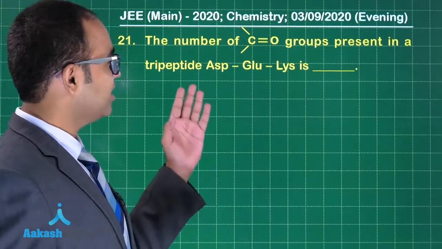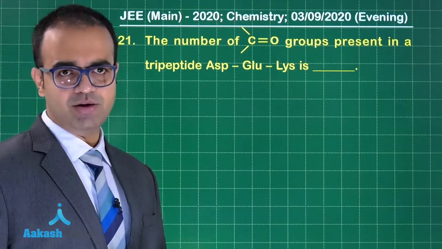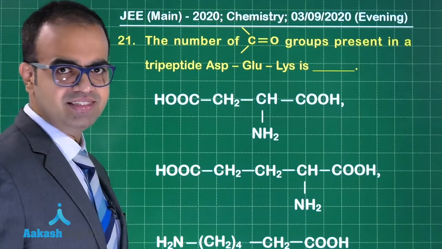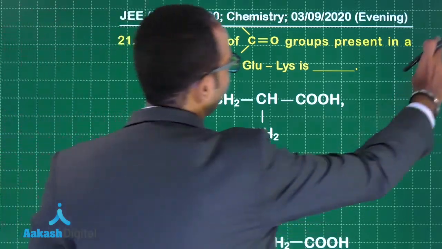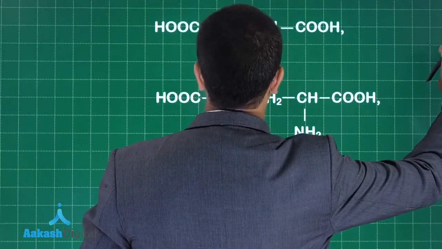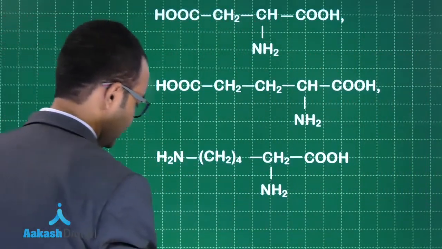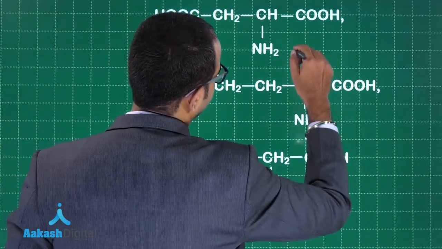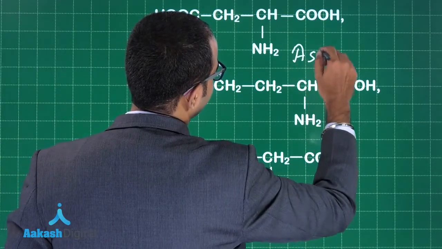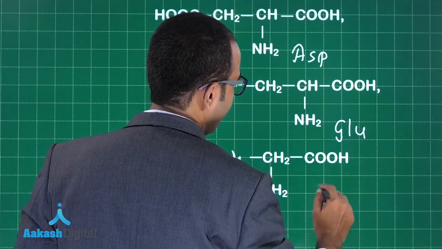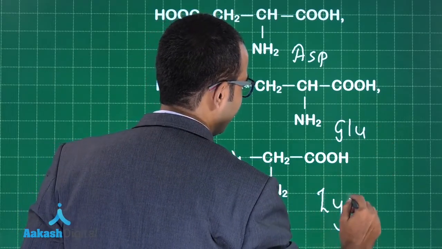Let us look at the structure of all the three amino acids. So these are the structures of the three amino acids. The first one that we have taken over here is aspartic acid, in short ASP. The second one is GLU and the third one is LYS.